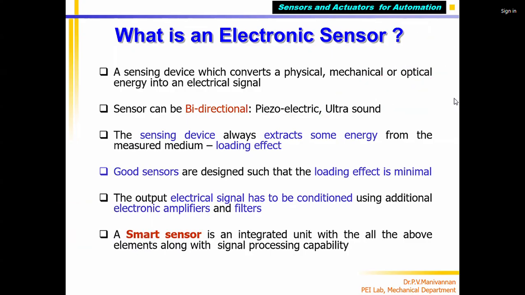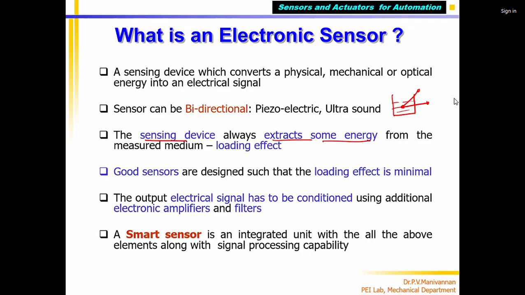Another important thing we have to notice in the case of an electronic sensor is that the sensing device always extracts or absorbs some energy to produce the signal. Take a thermocouple. It is a 2-wire device with a junction, which is subjected to physical contact with the object whose temperature you want to measure.